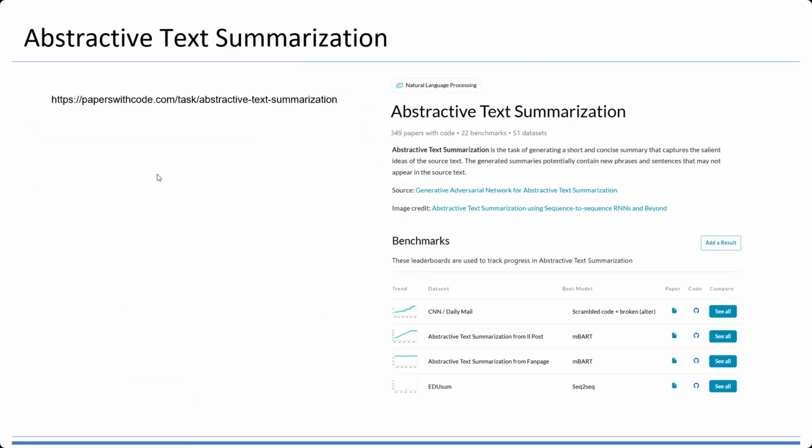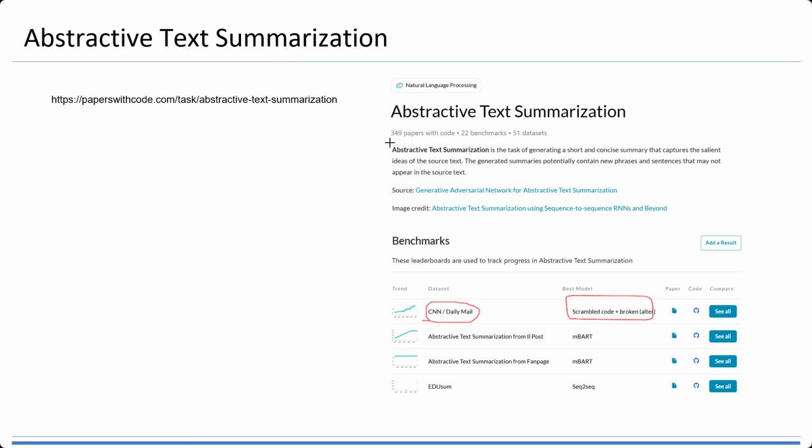If you are interested in text summarization, I give you one link in Papers with Code. You can look at abstractive text summarization. These are the models that people already use, and if you look at the results using this data set, this is the best model until now.